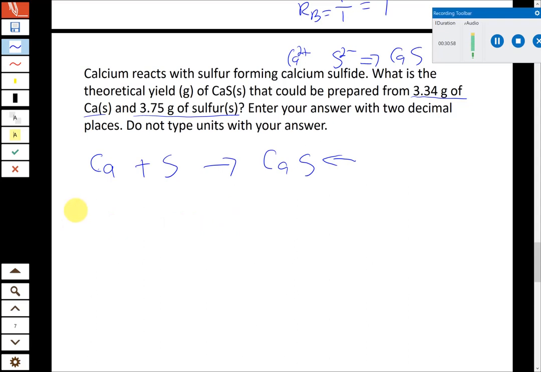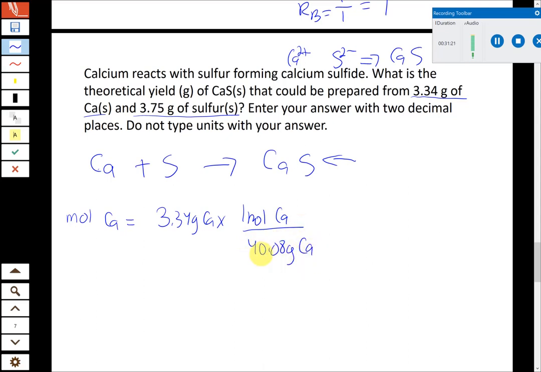Okay, so to find this, what we're going to do is we're going to first find moles of each reactant. So moles of calcium, we have 3.34 grams. And then we're going to use the atomic mass of calcium. So the atomic mass of calcium is 40.08. If it's just a single element, you don't need to calculate a molar mass.